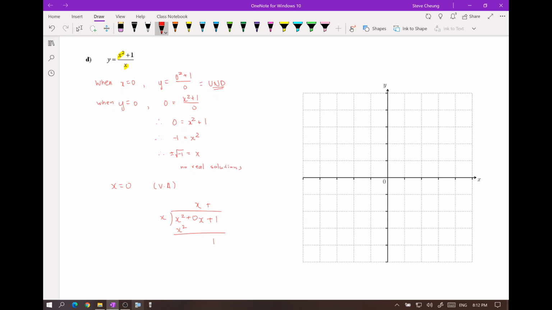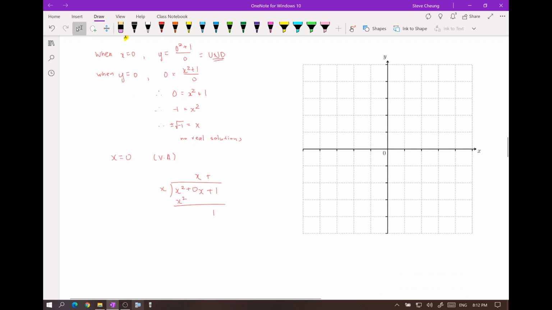And what do I put here? Okay, I can't actually put down anything here, can I? Because if I put any number here, it will become that many x's, but I actually have no x's here. So what I have to do is actually do 0. So if you want, you can write down this is just 0x, and then technically that's just a remainder. So that means the oblique asymptote is actually at y equals x.